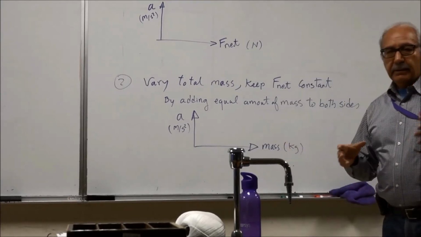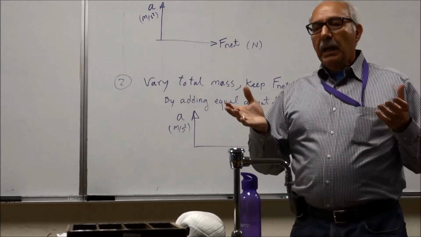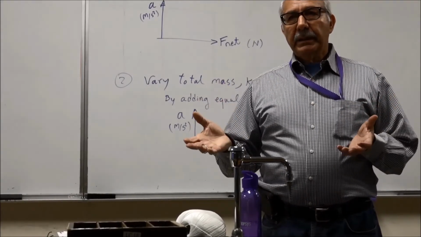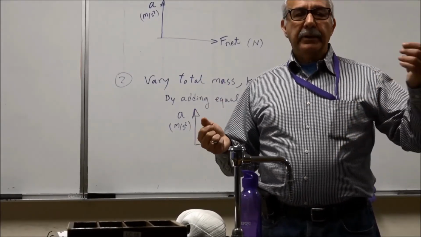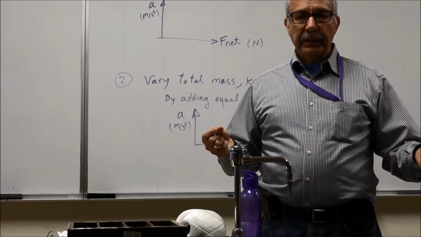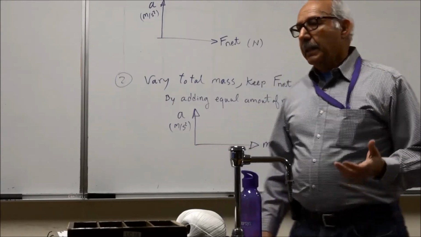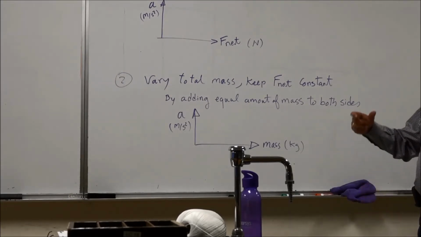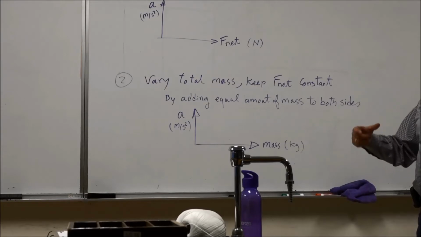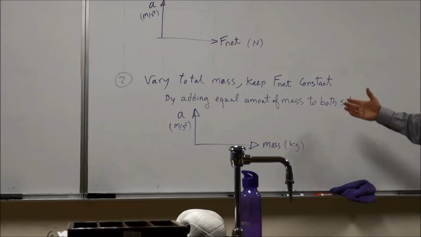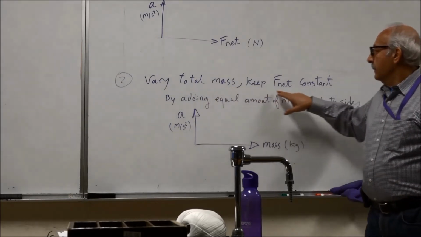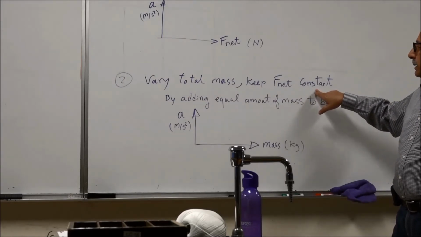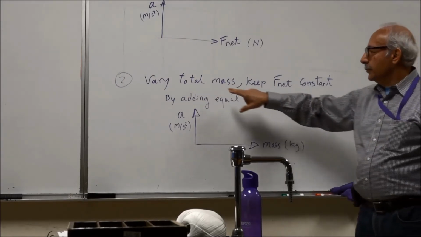So we start, say, with 100 gram on one side and 120 on the other side. So it's going to accelerate on the side of the 120 gram, and we just add increments of 20 gram on both sides. That way we keep the F net constant, but the total mass changes.